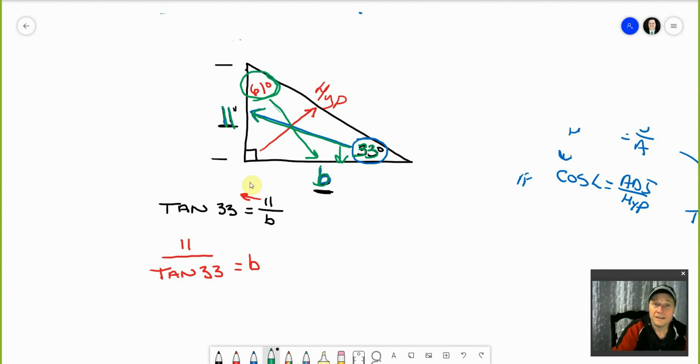So that is why this acronym, sine equals opposite over hypotenuse, cosine equals adjacent over hypotenuse, and tangent equals opposite over adjacent, is so important, because the opposite side can change according to the angle we're talking about.